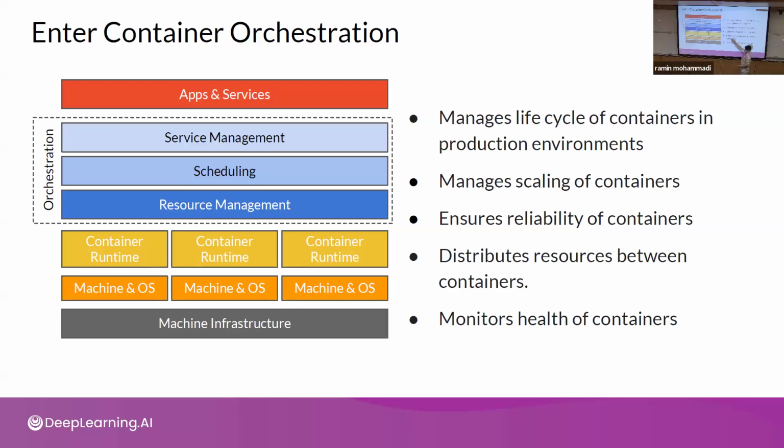Resource management is responsible for what's available on the machine and how much I can use. Scheduling is responsible for scheduling tasks, what needs to be done based on what's available, and doing the queuing for you. And service management is responsible for the service part, like the series of runtimes, the applications that you're running. It starts more abstract, and as it goes on, it becomes more toward the hardware.